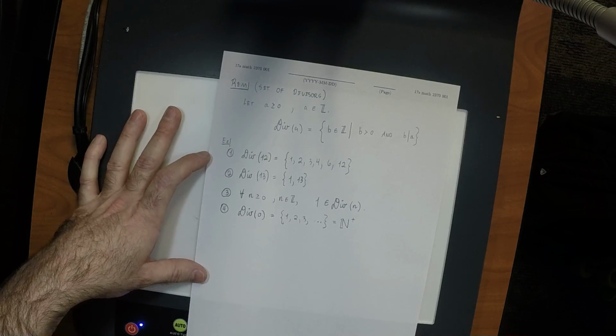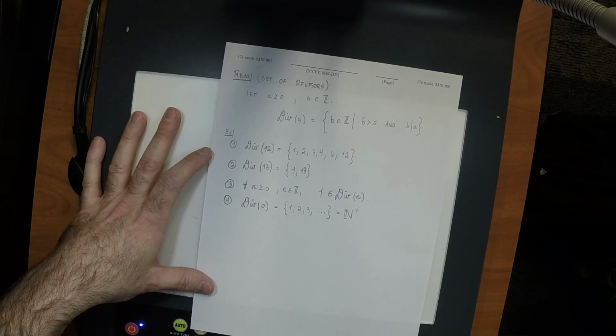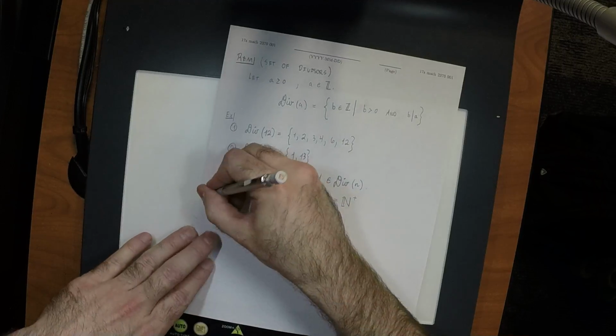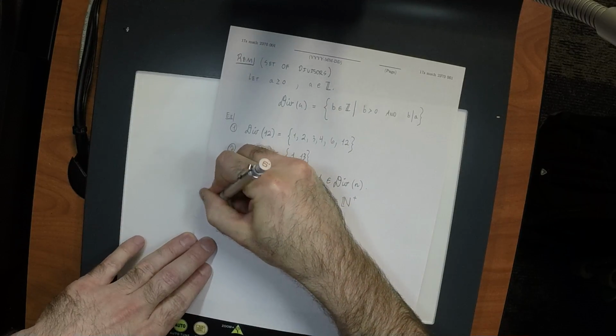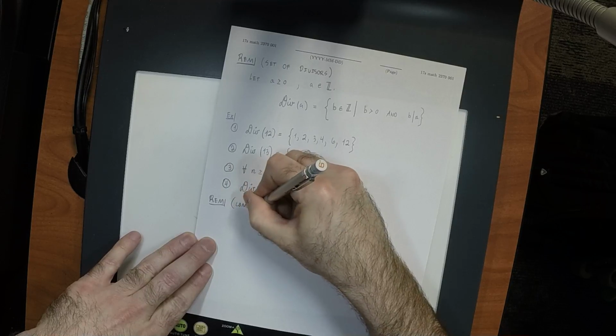In particular, that means that 2 is a divisor of 0, and in particular, that means that 0 is even. Okay, good. That's the big question. Very nice. So now, this is the definition of common divisors.